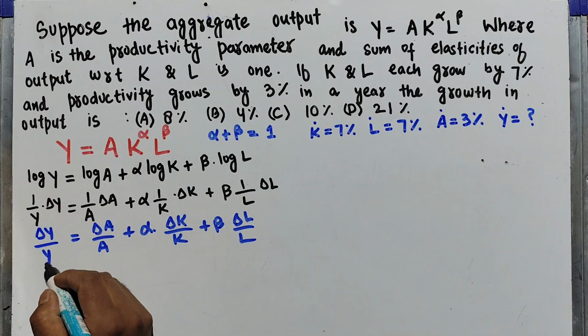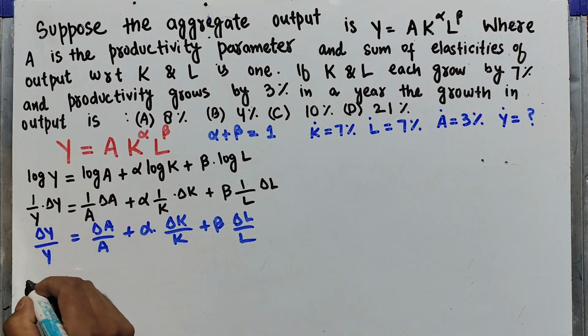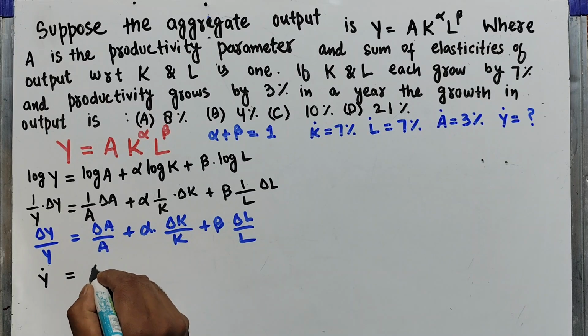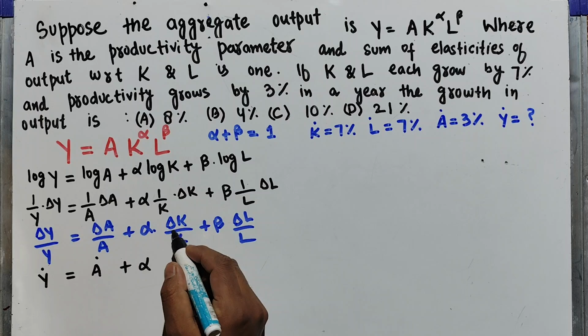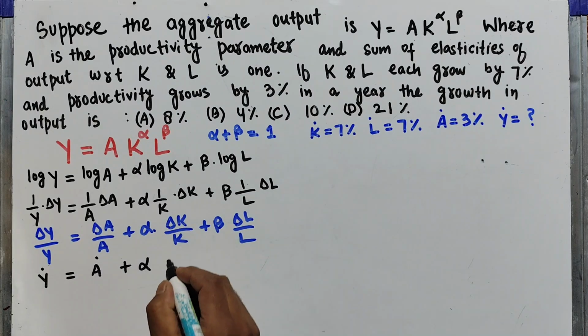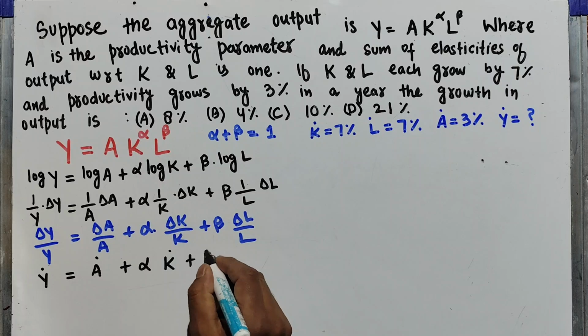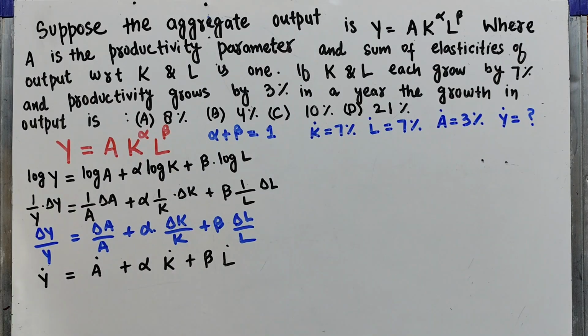Now what is del Y upon Y? That is the change in output divided by initial output. This denotes the growth rate of output, Y dot, and it equals del A upon A, the growth rate of the productivity parameter, plus alpha times del K upon K, the growth rate of capital, K dot, plus beta times del L upon L, L dot.